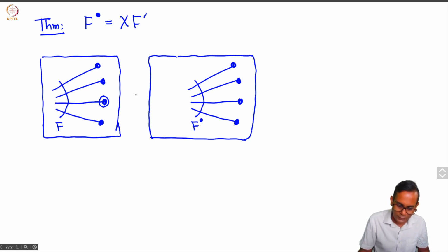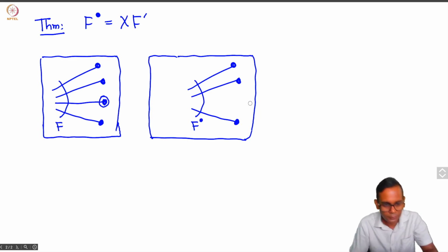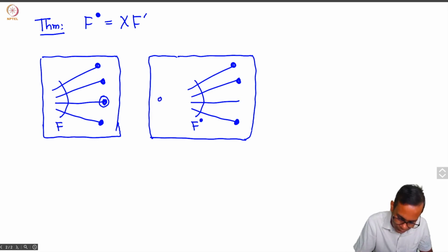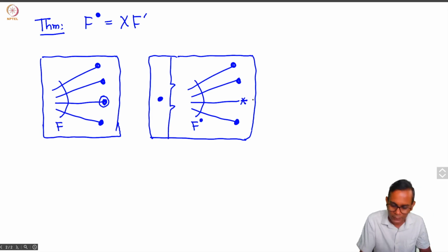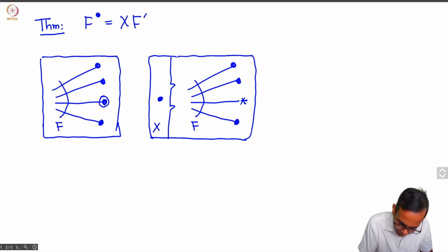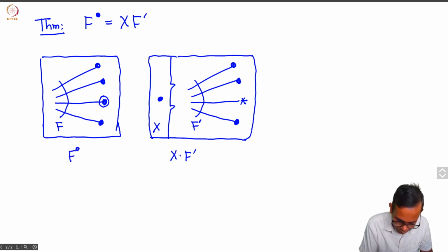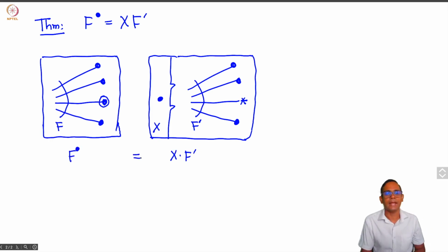I'll take this point here and move it into a separate part of the set, without removing the line. So I'm going to partition the set into two parts, and on the one I have an X structure and I'll replace this by the star. So now here I have an X structure and here I have an F prime structure. So this is X dot F prime and this is F dot. So F dot is X dot F prime.